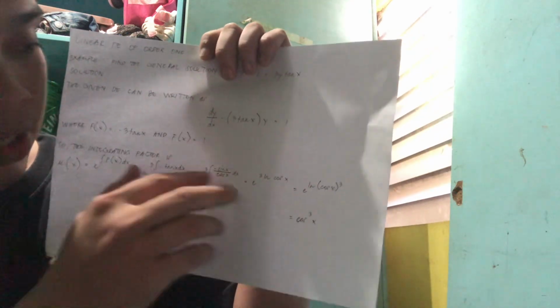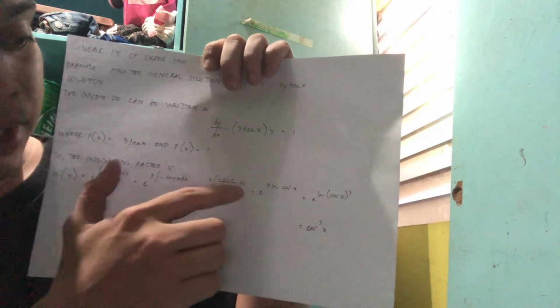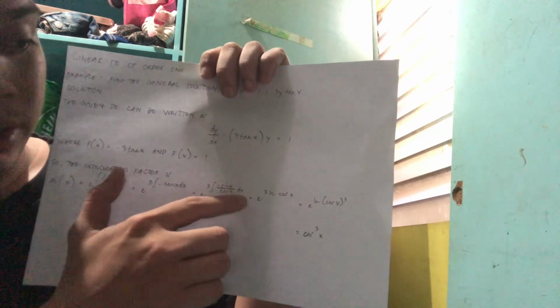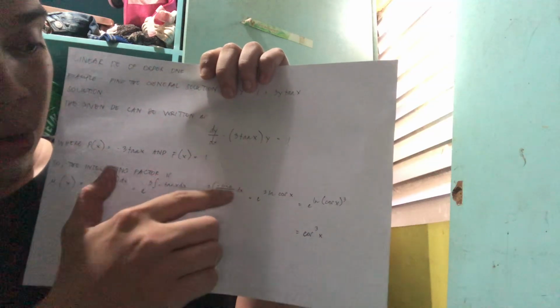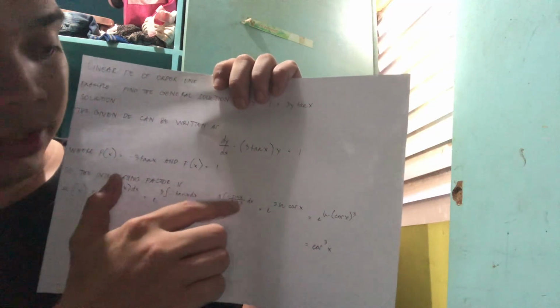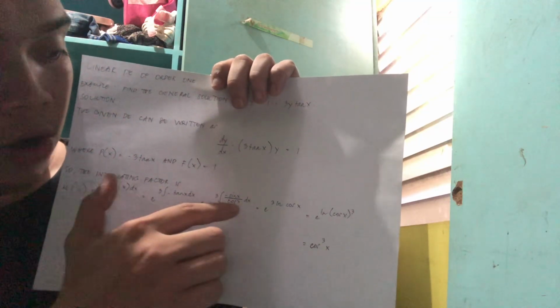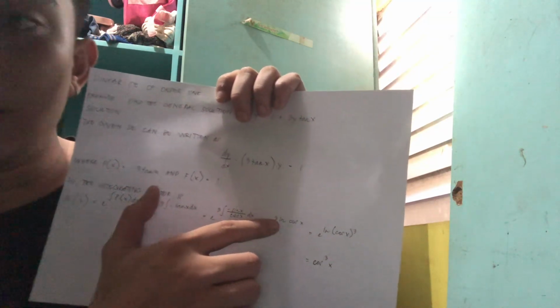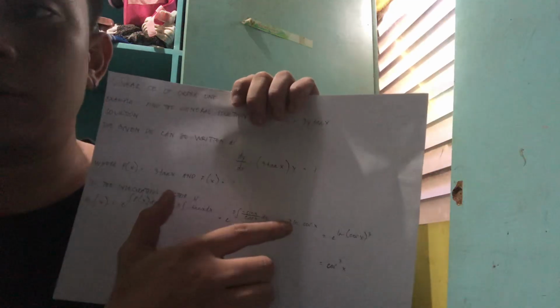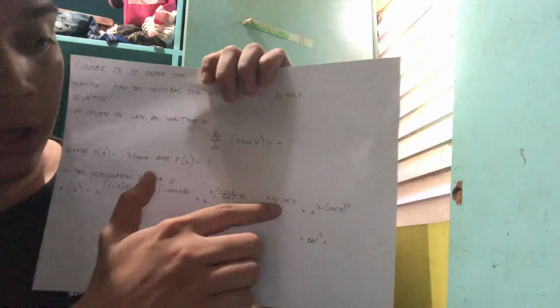So e to the integral of negative sine x over cos x dx. When you integrate negative sine x over cos x, the answer is ln cos x, because du over u is equivalent to ln. So you just copy the cos x.